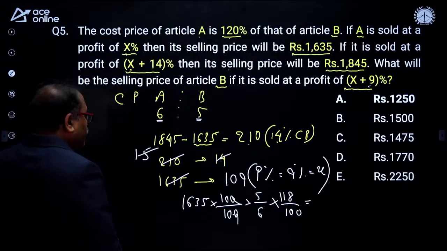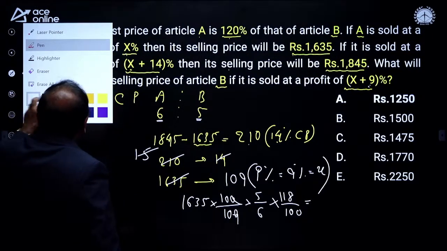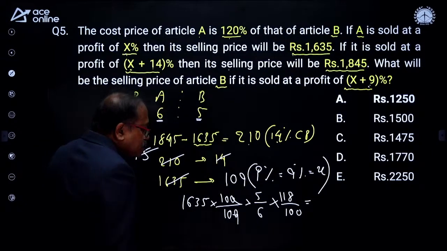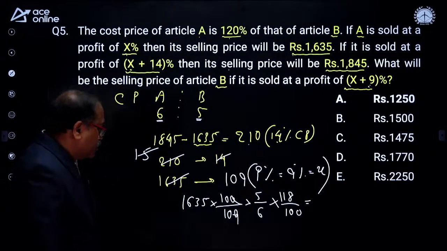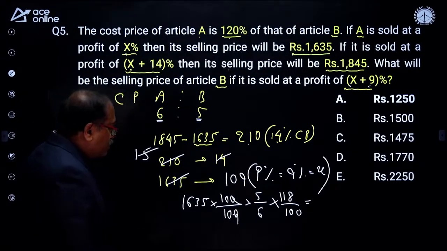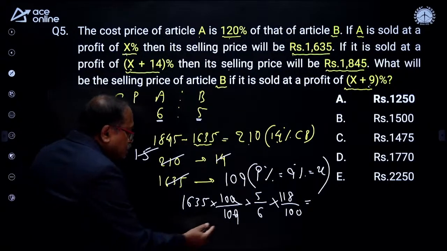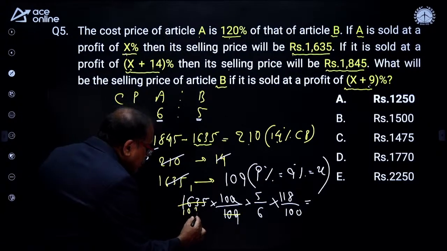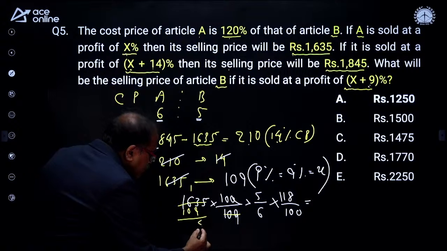Okay. Let me complete this part. How do we cancel these numbers? Is it getting cancelled by 6? Okay, 109, 118. Is it getting cancelled by 109? One time 109, and you notice that this is 4 and this is 5 and this is 5.